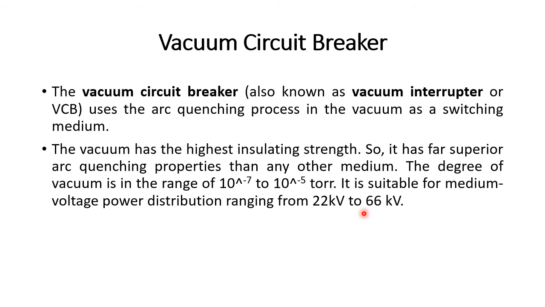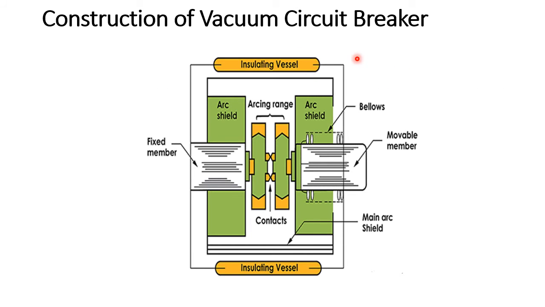Right. Now let's try to look at the construction of a circuit breaker. The circuit breaker consists of fixed and moving contact, and an arc shield. Arc shield is mounted in a vacuum interrupter.